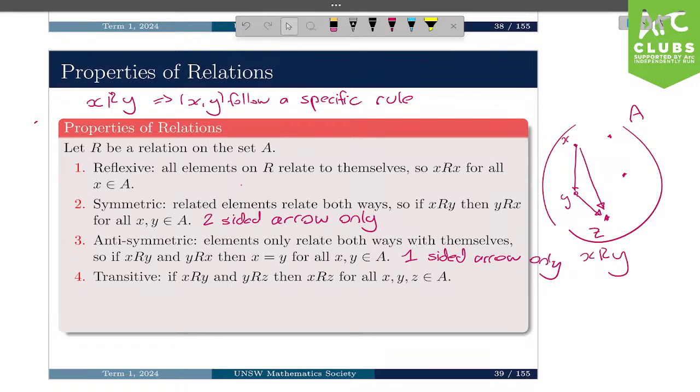So if x relates to y, then y relates to x, or if you draw your graph, there are only two-sided arrows. Anti-symmetric is the opposite. It's where related elements only relate one way. Or you could say that if you draw your directed graph, there will be only one-sided arrows.